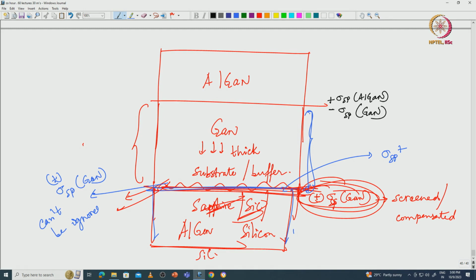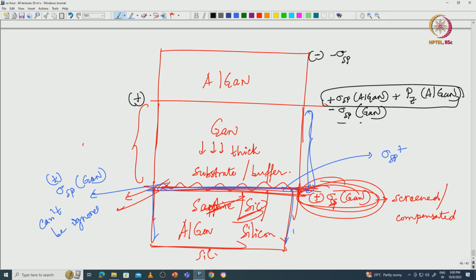Because AlGaN has a higher polarization, plus you have a piezoelectric polarization because the AlGaN layer is strained. Both of these positives are much stronger than the negative here, so the effective total is a positive charge here. On the top you similarly have minus sigma sp, the spontaneous polarization of AlGaN, minus the piezoelectric polarization of AlGaN. So the total is negative here.